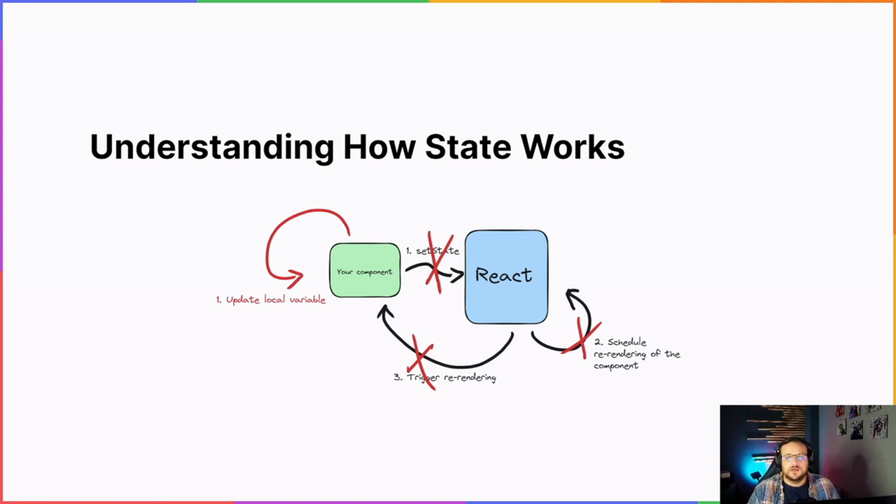Another bad practice when it comes to state management in React is thinking that the state updates that I mentioned are synchronous. Look at this diagram here. There are 3 steps at least, and this is an oversimplified version of it, between you calling the setter function and React re-rendering your component. So that doesn't really feel like a synchronous workflow.